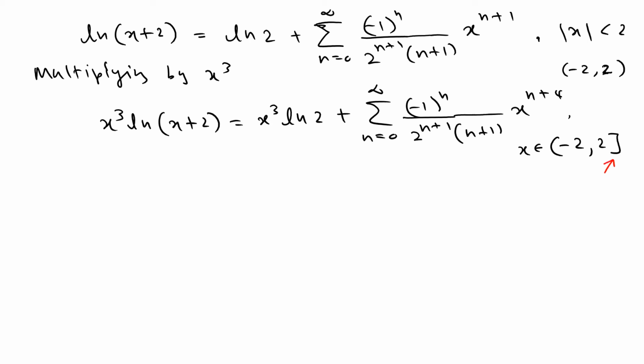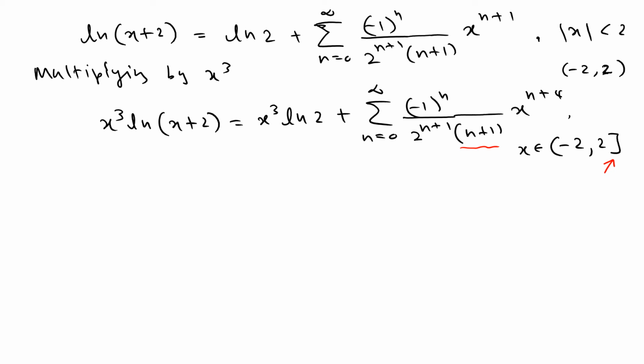Because you multiply by x cubed, it's going to change the series slightly, so you get a much smaller series, and it's going to converge. That's the difference: it doesn't change the R, but it changes the interval because you get an alternating series which is going to converge.